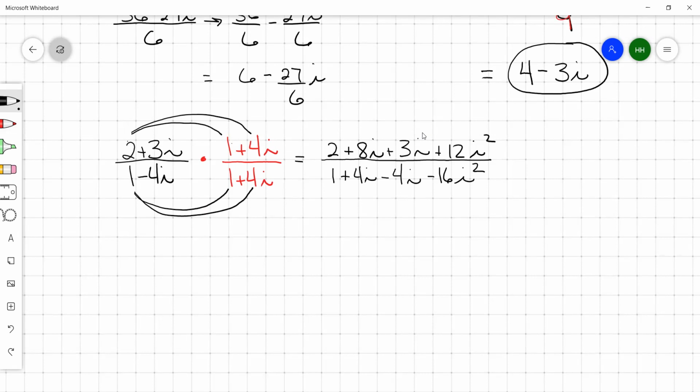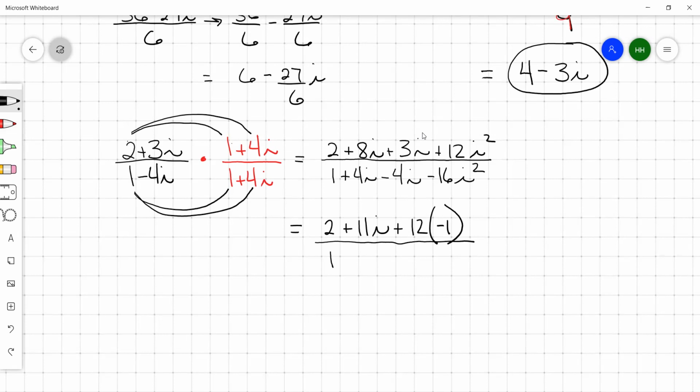So now look what you get on the top. You got this 2. You got plus 11i plus 12 times negative 1. In the denominator, you get 1.